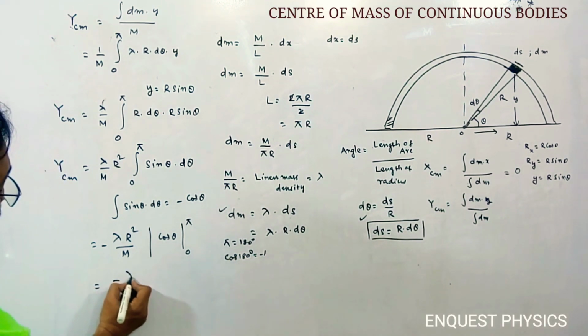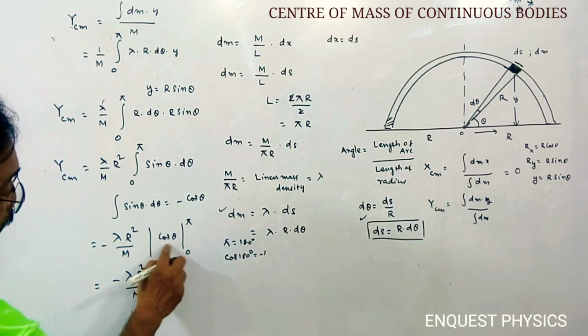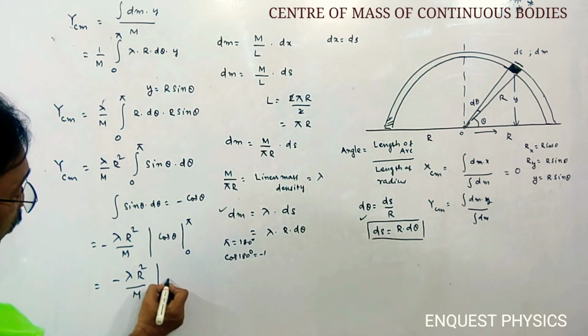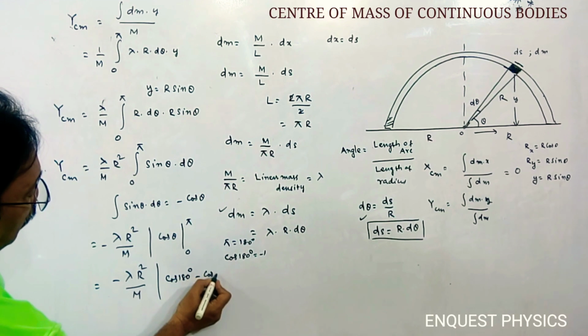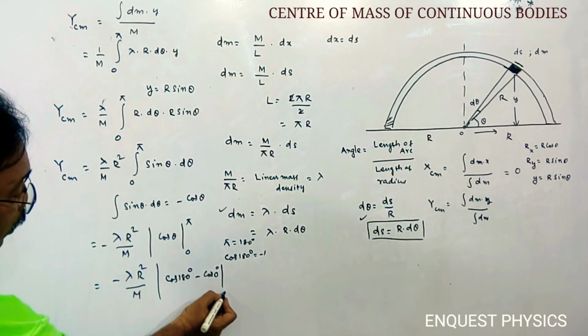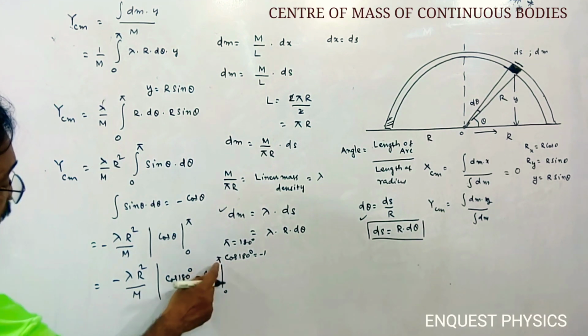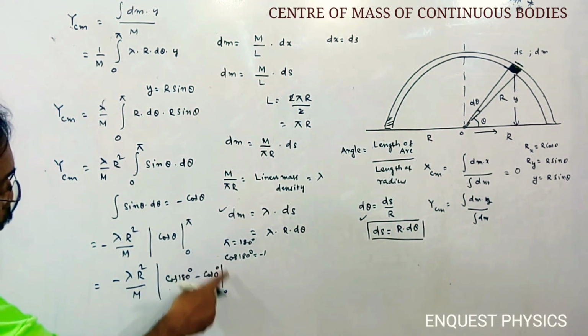Then it can be written as lambda r squared by M, minus of cos theta under the limits 0 to pi. You know that pi is equal to 180 degrees, and cos 180 is equal to minus 1. That means cos 180 minus cos 0. We took the limits 0 to pi. Okay, students, first we have to put the upper limit, then the lower limit, which is 0.